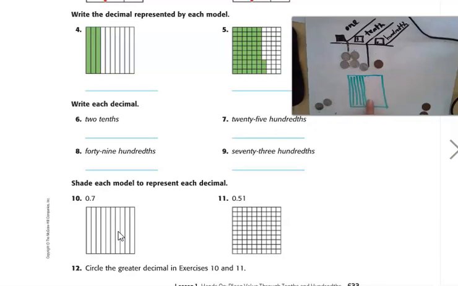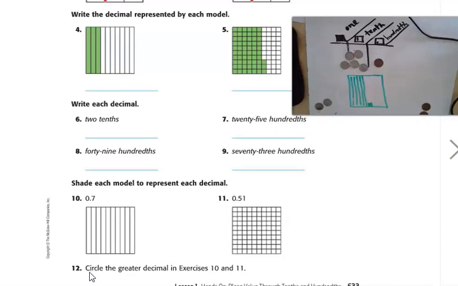So I'm just erasing 2 because I had 7, and now I've got 1, 2, 3, 4, 5 bars, which matches my 5/10. And I'm going to shade 1 square to stand for this penny that I've got there. So 51 hundredths would look like this with coins, which it doesn't ask for. I'm just showing you so you can relate to it. And you would shade 5 bars and 1 square. And that's how number 11 is done.